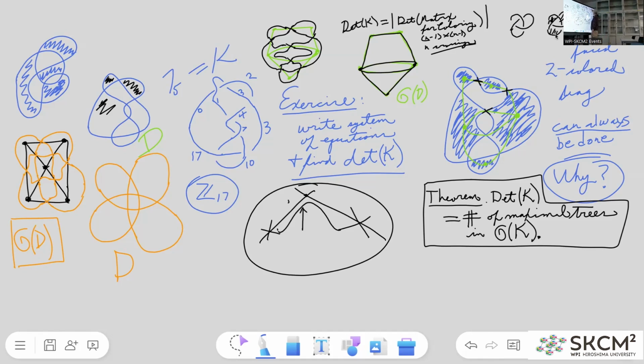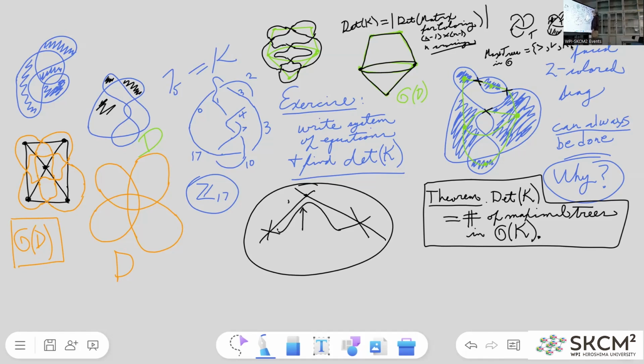Here's the shading, and that tells us that the graph of the trefoil knot is just a triangle. G of the trefoil is just a triangle graph, and the set of maximal trees in G consists of removing one edge, right?